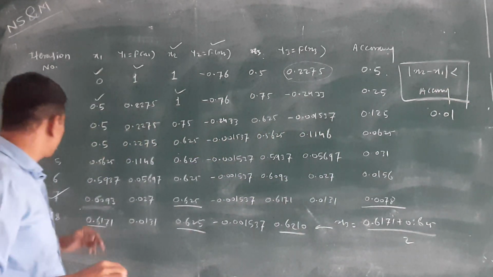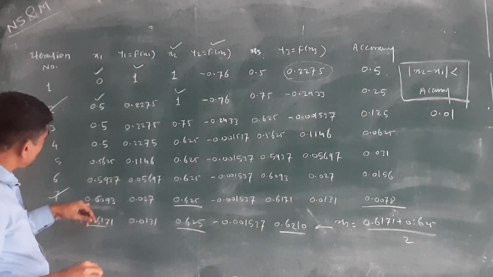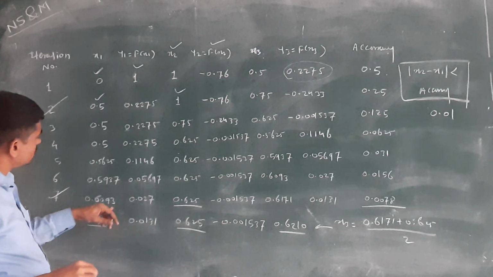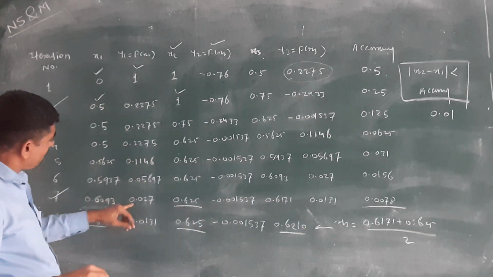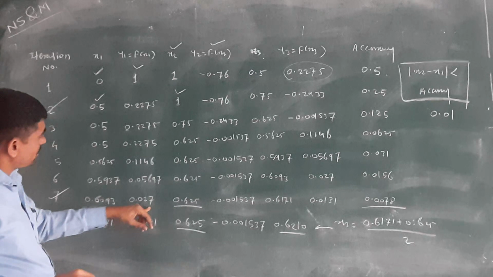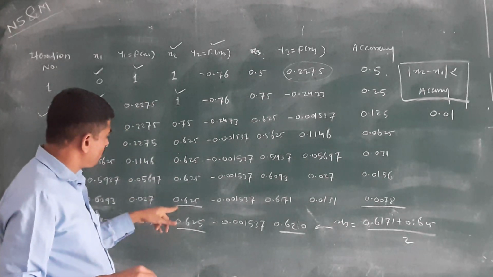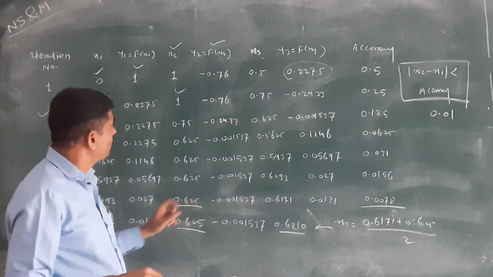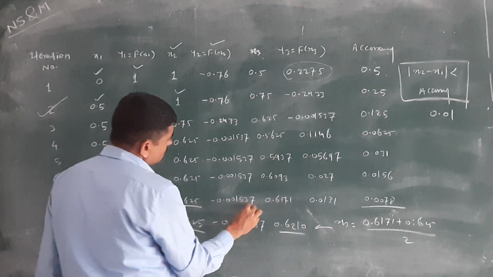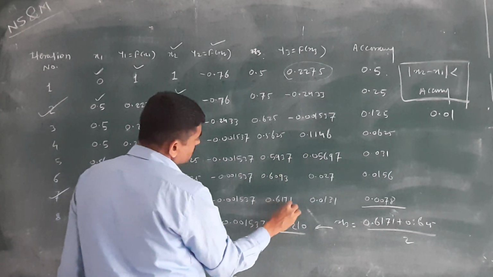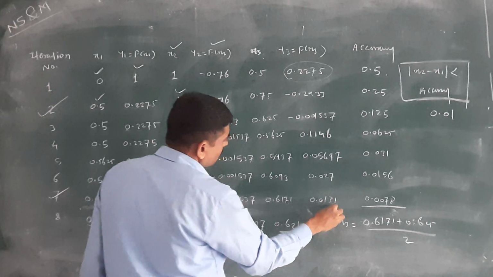See, in step number 7, or iteration number 7, we have the value of x1 0.6093, and at that time we get the y1 value 0.027. Similarly, we have found the value of x2 0.625, then y2 is minus 0.001537, x3 0.617, and y3 0.0131.